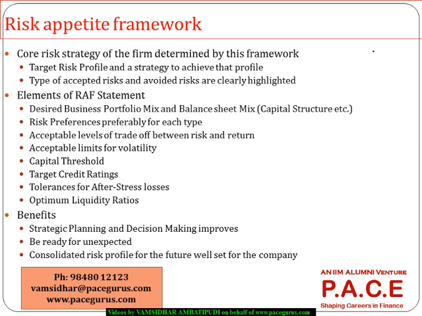To understand the risk appetite framework of an organization, it is a framework that decides the core risk strategy of the firm. When I say core risk strategy, it means what risk profile the company should target, how much risk it has to accept, what risks it should avoid, what risks it should mitigate, and what risks it should ensure.